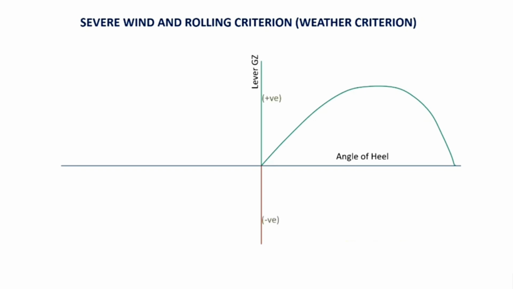Now in this, what is happening is the lever is positive above the x-axis for this green curve and negative below the x-axis. For the opposite side, one way is I can make it here like this. For this red one, this is positive and this is negative. Agreed, guys? What have I done? I have drawn the GZ curve for both the sides. Yes or no? Correct? Agreed? Yes, sir.